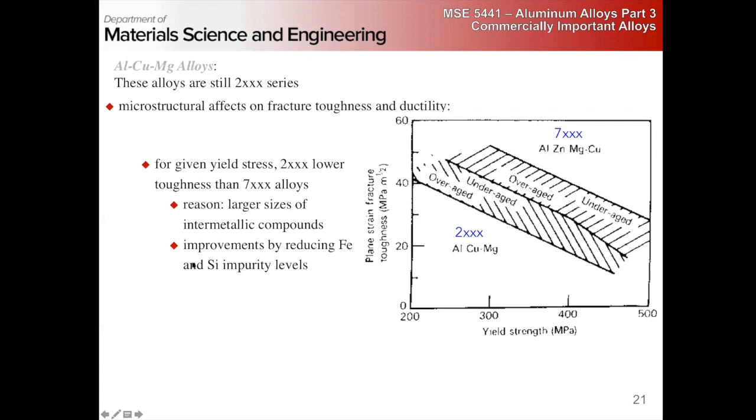Something that might be of interest: I could ask a question related to something like this. I wouldn't just label it as 7000 series. I could potentially say aluminum, zinc, magnesium, copper alloys. Why do they generally perform better in fracture, have a higher fracture toughness than aluminum, copper, magnesium?